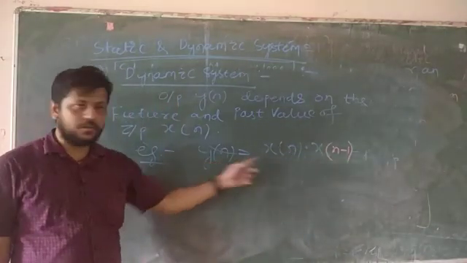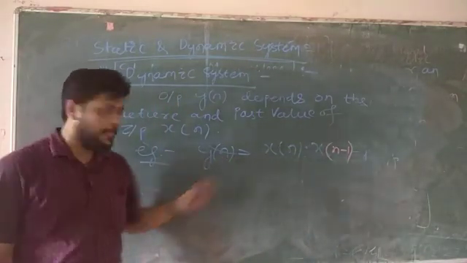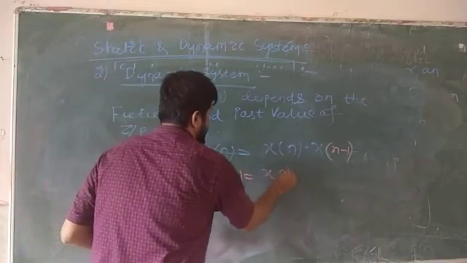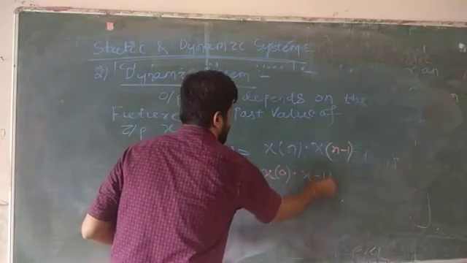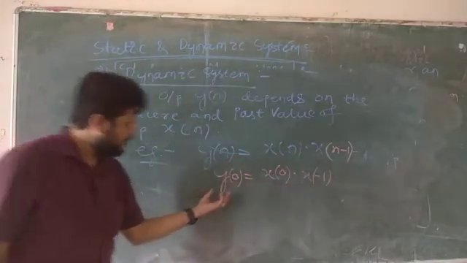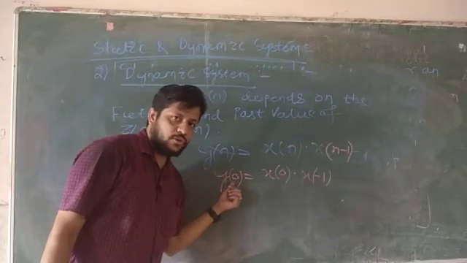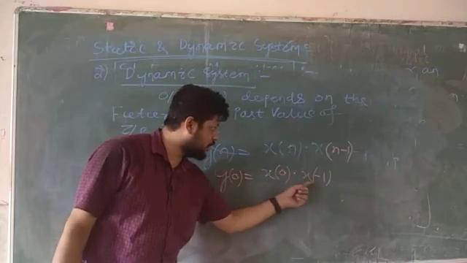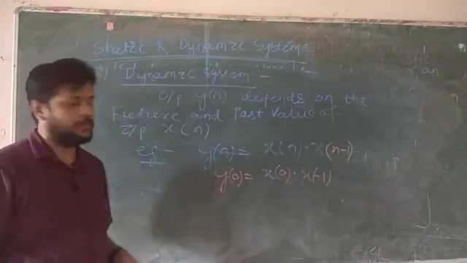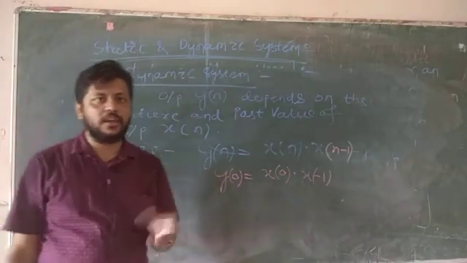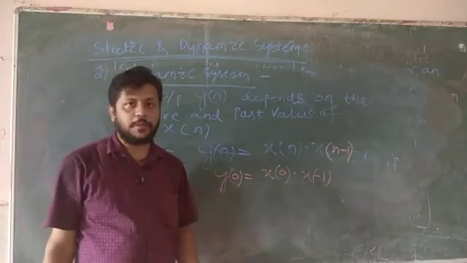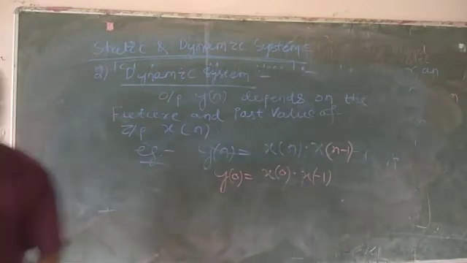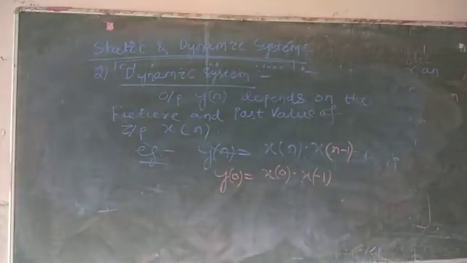Just put y of 0, which is x of 0 into x of minus 1. We can see here the output at 0 depends on the past value of input, that is x of minus 1. So you just have to put the integer values and check. If it depends on the past and future value, then it is known as a dynamic system. The next system we will study is the causal and non-causal system.